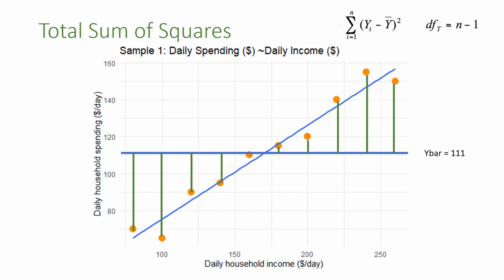The green lines are drawn between the observed, or the orange points, and y bar, the horizontal line. Really, the horizontal line represents no relationship between household income and spending. So then we square each of those green distances and sum them together, and that is the total sum of squares.